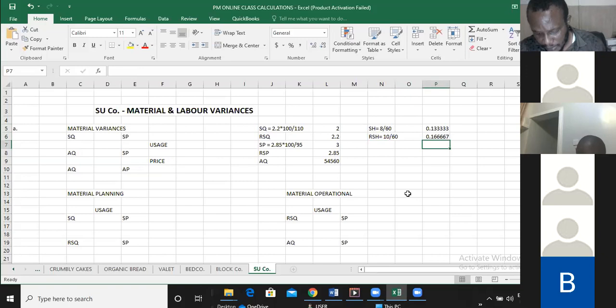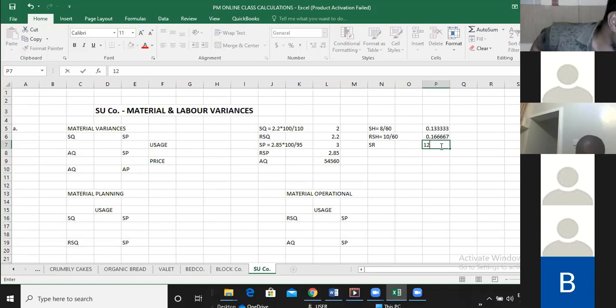Then I need the standard rate. What's $12 now? Standard rate or actual rate? $12 to the hour. Standard rate. Because they said dollar per hour, and there's no rate variance. That's the important thing.